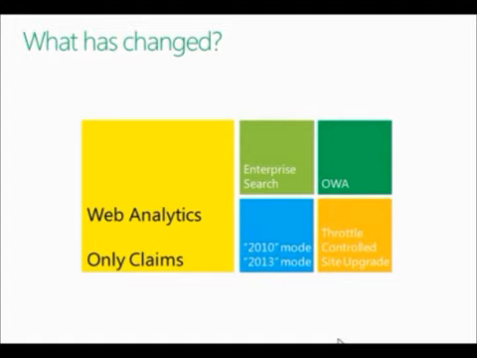Now obviously we want to make sure that we're doing smart things when it comes to upgrade, right? So we're not doing our claims upgrade directly in production, clearly. We want to stand up a new farm or a dev environment to make sure that we can convert those content databases to claims aware.